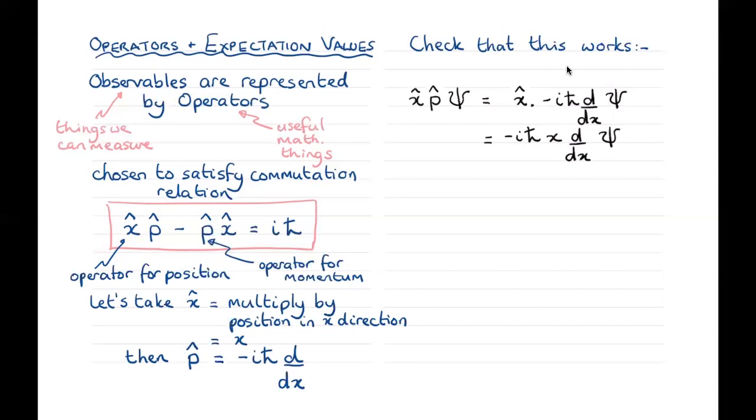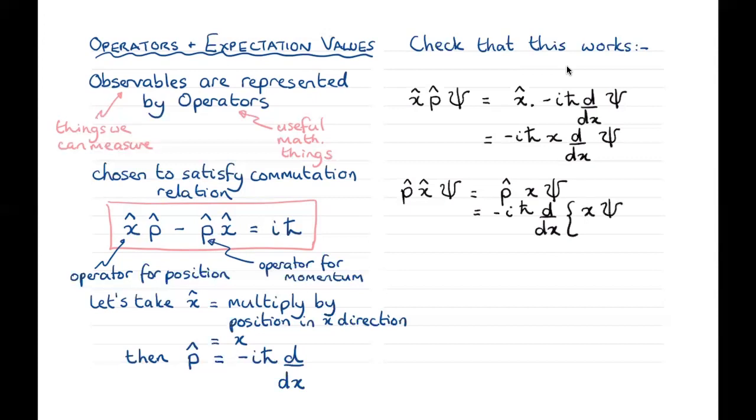If I now calculate the second term by operating with momentum after I operate with position, it's actually a little bit more complicated. My momentum operator then operates on x times psi, substituting multiplied by position for the x operator, which is minus i h bar times d by dx of the product of x and psi.